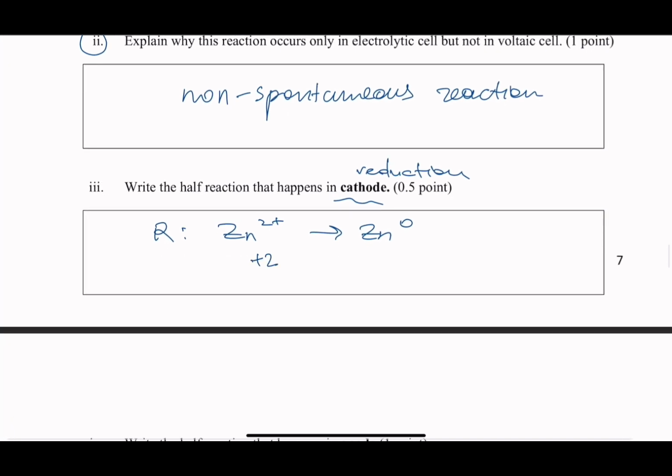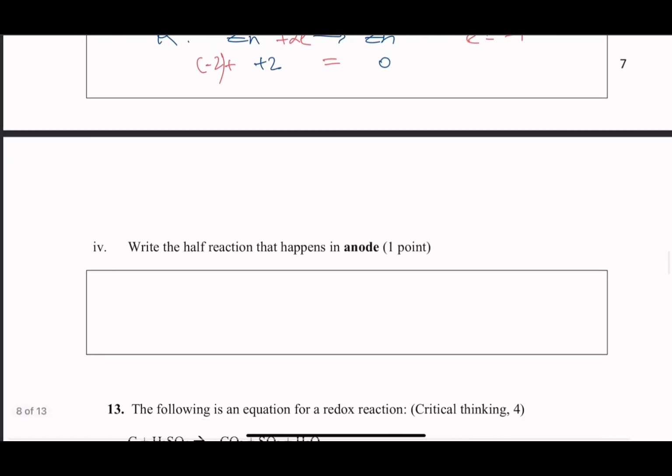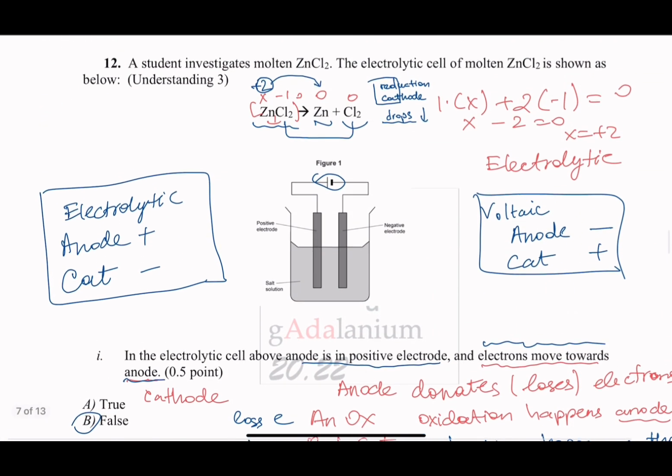So +2 on the left side, 0 on the right side. How can we make this balanced? If we add -2, now this will be balanced, and -2 means 2 electrons because each electron is -1. Okay, the cathode is done.